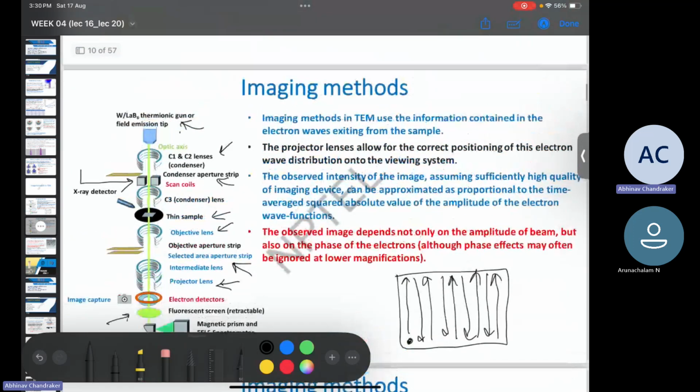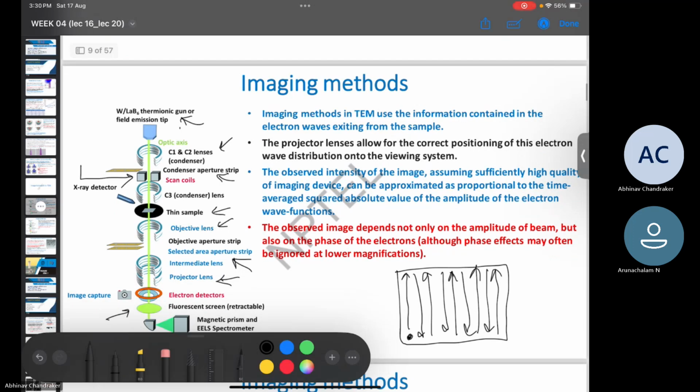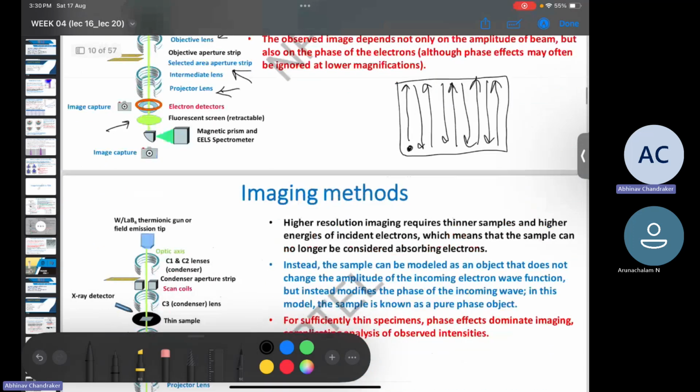So in case of TEM, we can have two kinds of contrast. One is phase contrast and one is amplitude contrast.